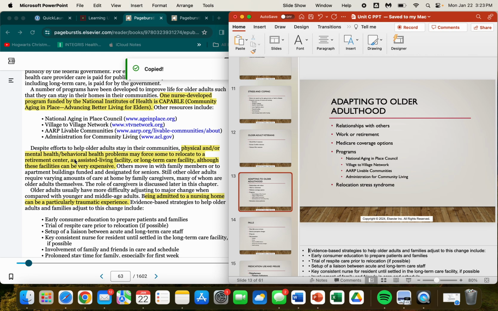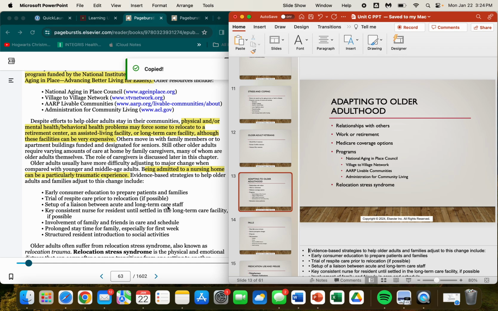A lot of things can cause older adults to have relocation stress, including physical and mental health problems. So this may end up causing patients to have to relocate, which seems to be a large source of stress for older adults, including moving to a retirement center, an assisted living, or a long-term care facility.